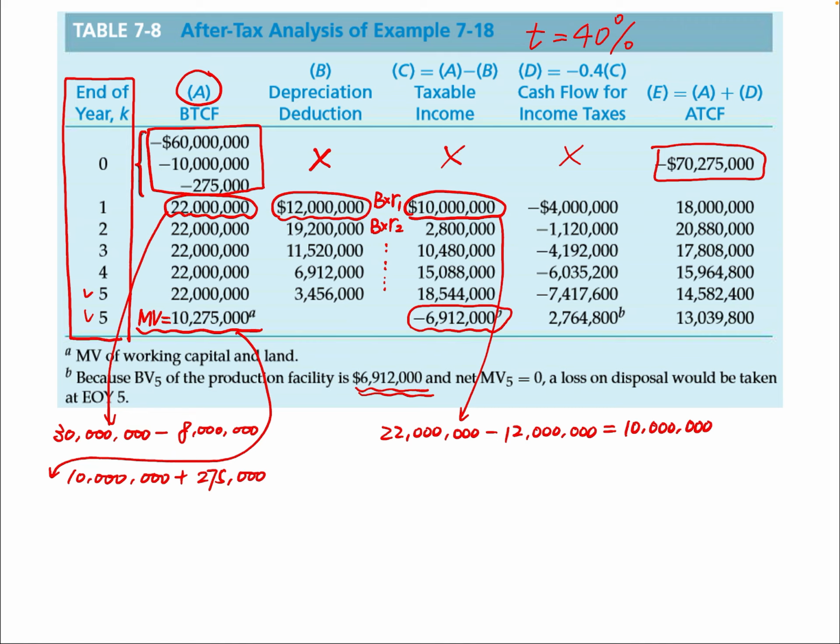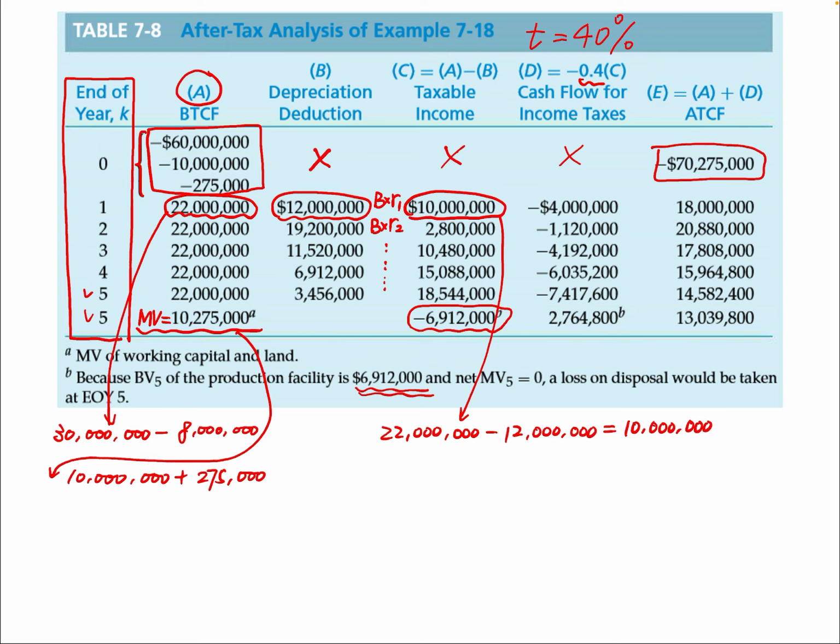And in column D, the numbers should be the tax rate of 40%, or 0.4, times whatever you have in column C. And don't forget the negative sign in front of the number.